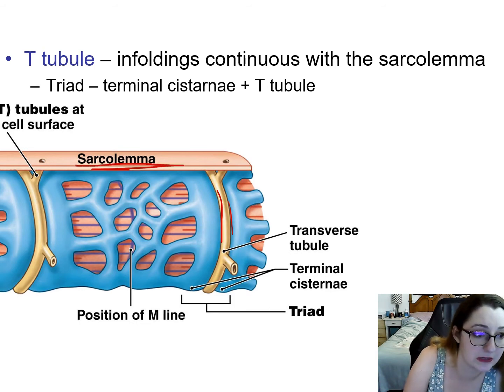So the sarcolemma being this big blanket that is just connecting with the T-tubule. Now I do want you to know that the two terminal cisternae as well as the T-tubule here in the middle all together make something called a triad.